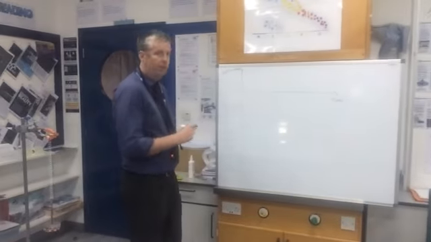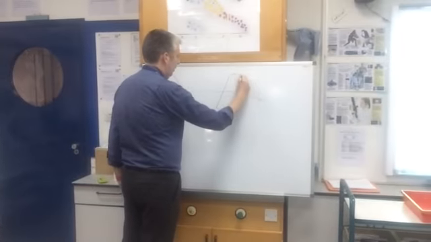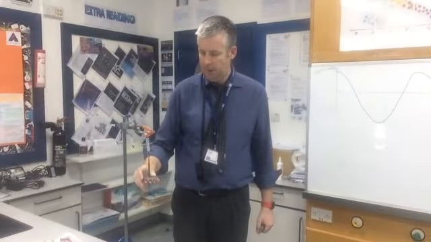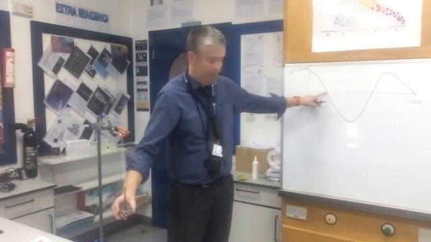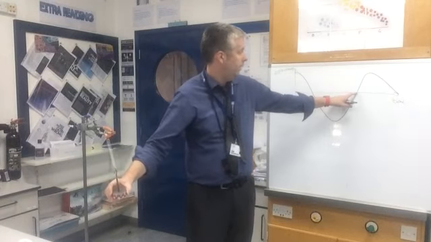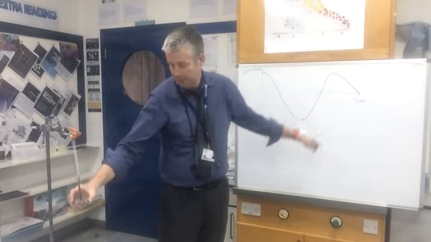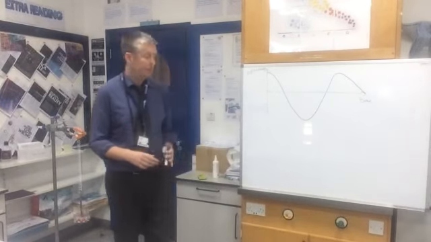So we're going to start off with something that looks like this. It starts off up here, moves down through the equilibrium position, to the bottom, up through the equilibrium position, maximum positive, and then back down to the equilibrium position, at which point I've run out of board. So I have to stop.